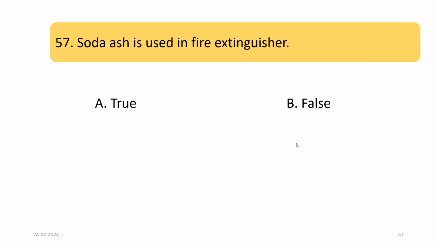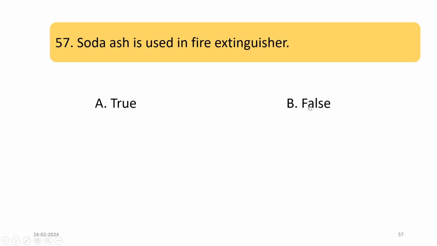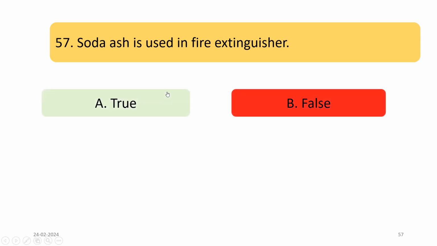Okay. Is soda ash used in fire extinguishers or not? It is a very easy question. It is false, ma'am. No, it is true. If you see the uses of soda ash, it is used as a fire extinguisher.